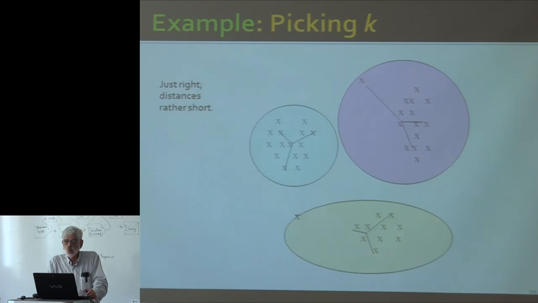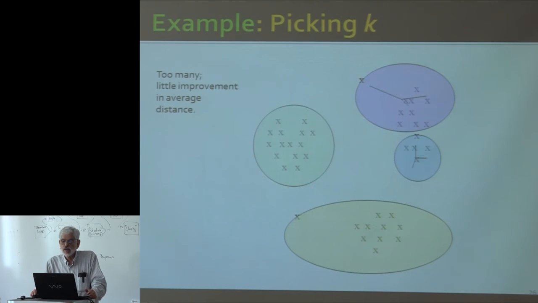Now, what if I went to 4? Well, I might get something like this, where one true cluster got sort of arbitrarily broken into two clusters. That will lower the average distance within these two clusters a little bit, but not by much, because the points are kind of close together anyway. So the drop from 2 to 3 will be much greater than the drop from 3 to 4. And that suggests that 3 is the right number.